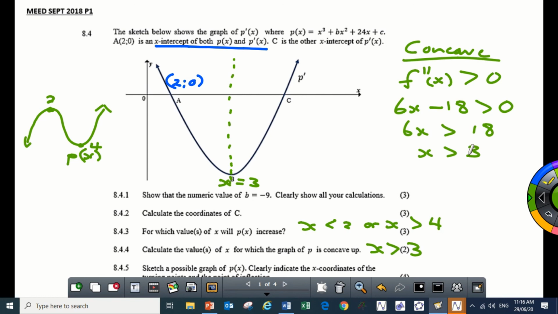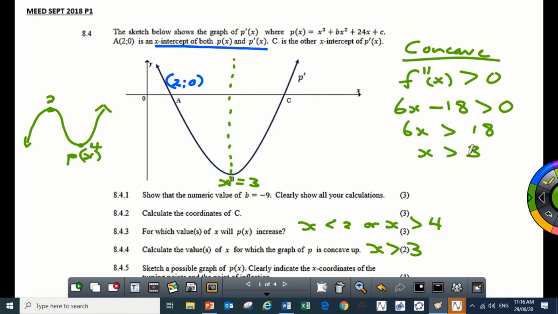The value of x at the point of inflection can also be determined by finding the average of the x values at the turning points of the cubic graph. So if you add 2 plus 4, you divide by 2, you get 3. That's the value of x at the point of inflection. And then you can go to your graph and use common sense to get your answer.